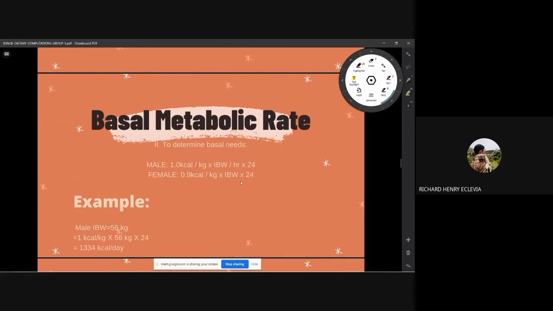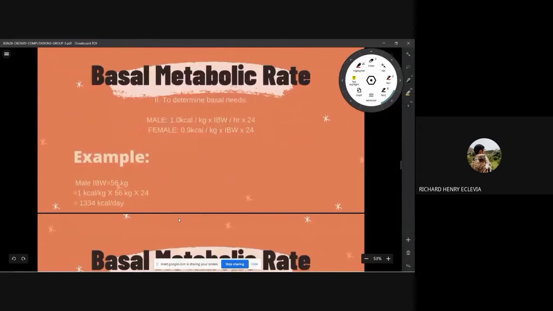So lagi nyo tandaan na fix yung dalawa sa nagbabago na. Then yun, compute na natin. So yung 1 kcal times 56, which is the DBW, times 24. So makuha mo ito yung sagot. Pag kinumpute mo yan, ito yung sagot.